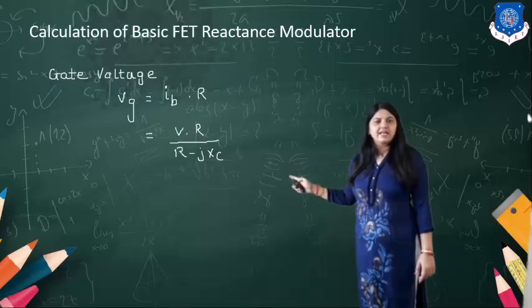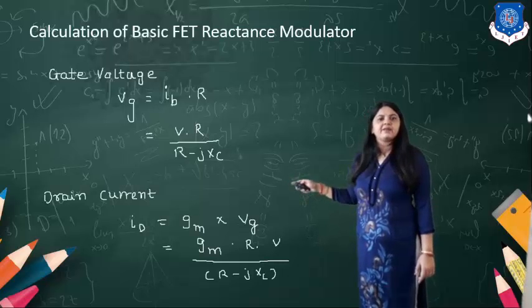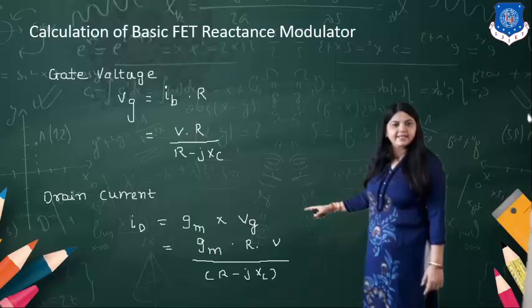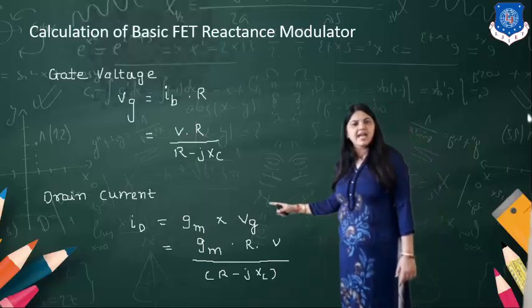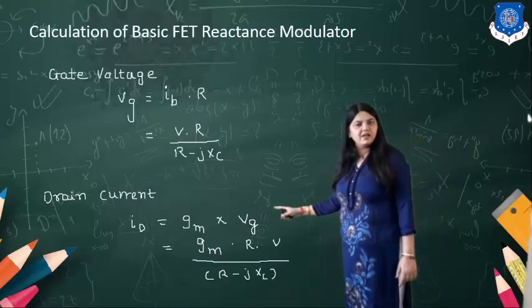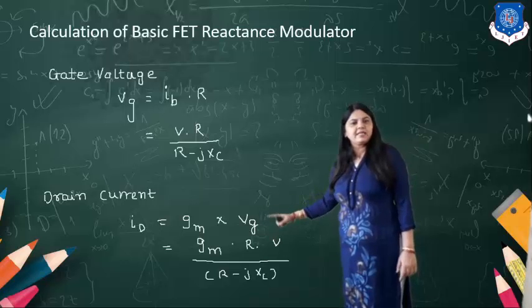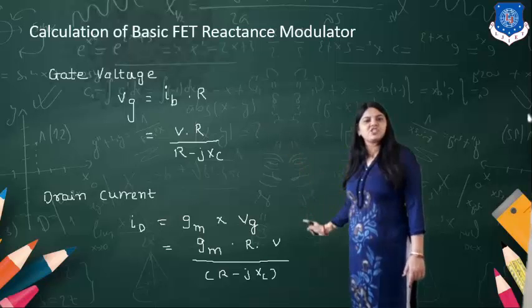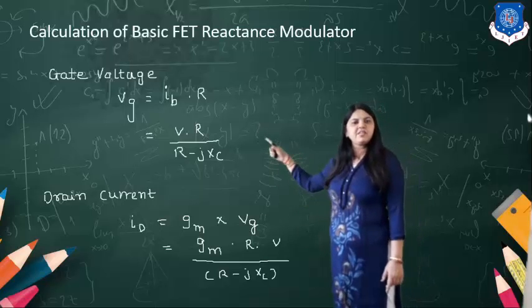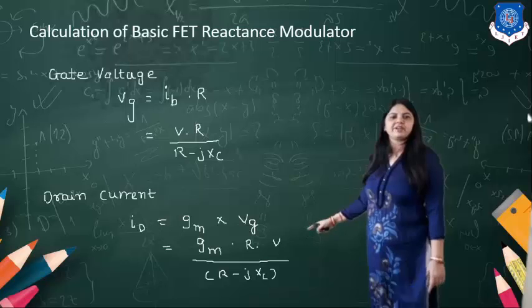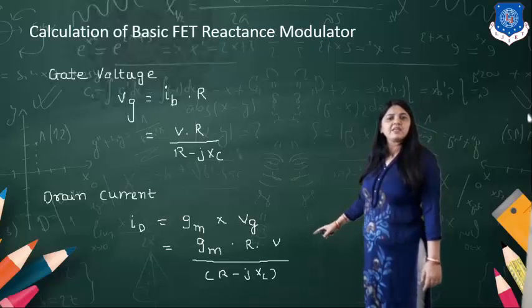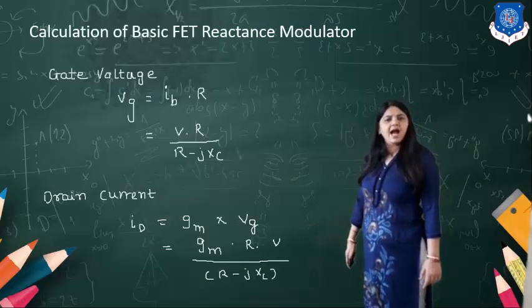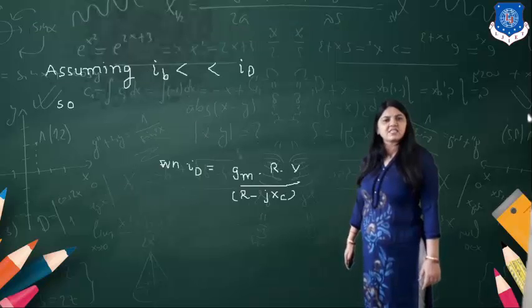So the drain current ID is Gm into Vg. Now putting the value of Vg in this equation, the drain current is Gm into R into V upon R minus jXC.